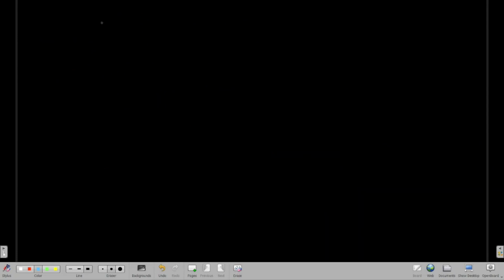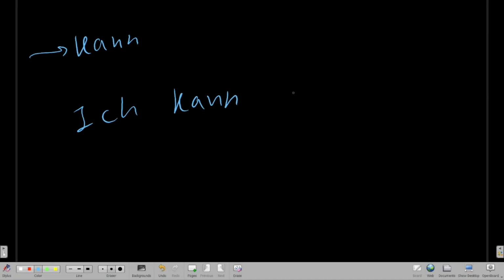So können for the first person would change to kann. Let's make a sentence with it. Ich kann, let's say, es machen. I can do it. What happened here? The modal verb is now our main verb.